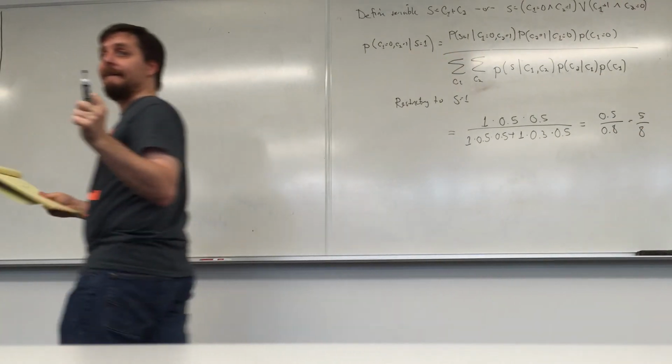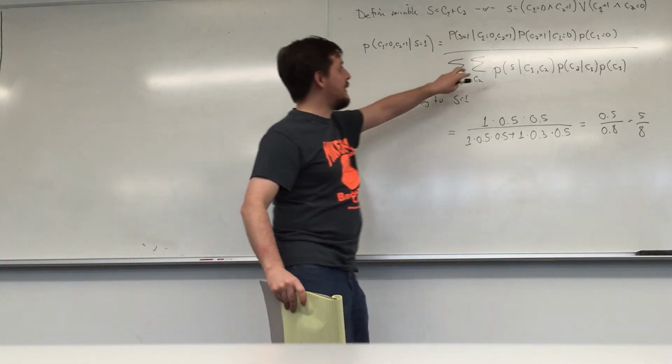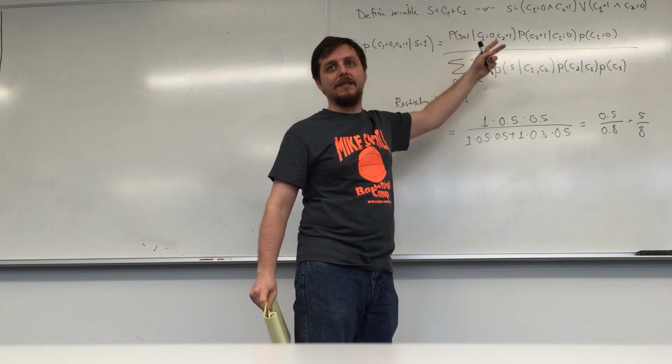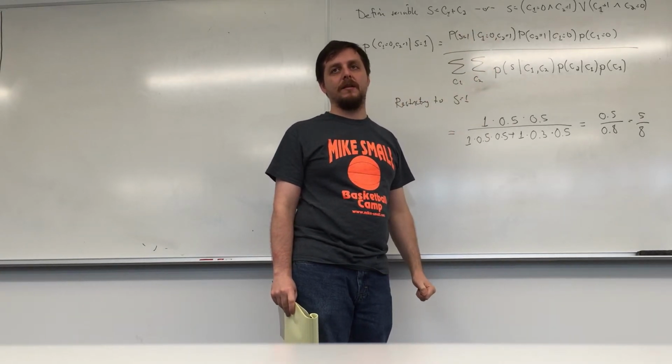So we have two values for C2 and C1, so shouldn't there be 4 terms in the denominator? Yes, there are 4 terms in the denominator, but I only have to consider the cases where S equals 1. Yeah, but C1 and C2 will still be 0, 1, 0, 1.